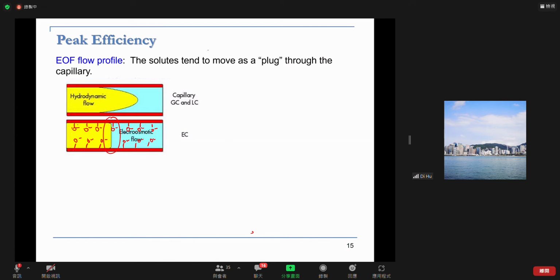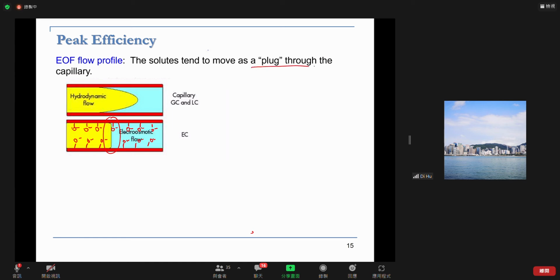So when the mobile layer moves and drags everything to the cathode, there is no pressure drop because no pressure is applied. The flow just passes along the wall, with the negative charge uniformly distributed along the capillary. Therefore the flow velocity is uniform across the capillary. That's why it has a plug profile.